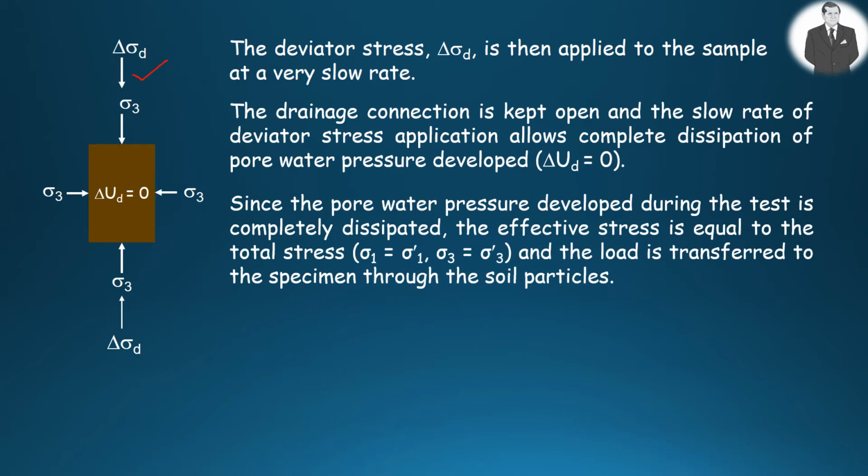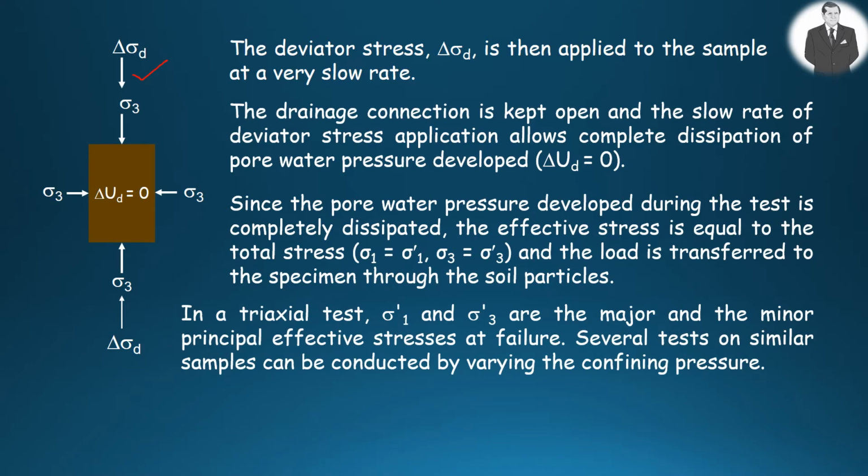Since the pore water pressure generated during the test is completely dissipated, the effective stress is equal to total stress, and the load is transmitted to the specimen by the soil particles.